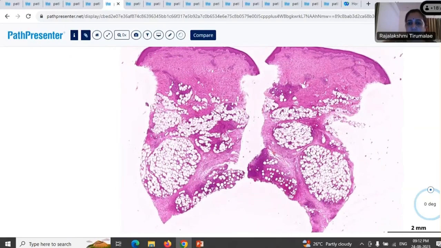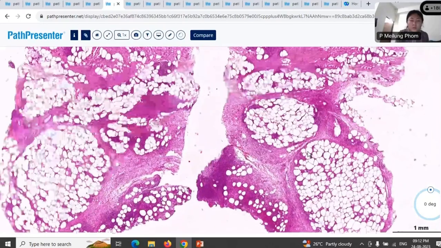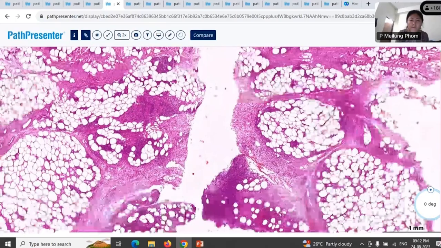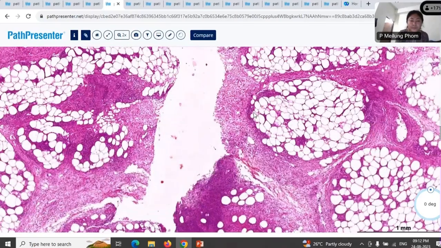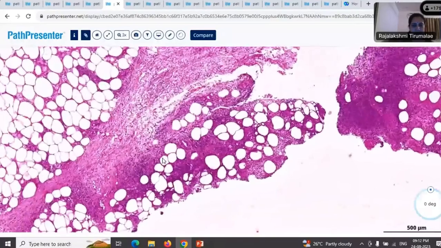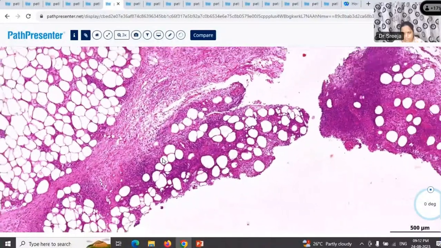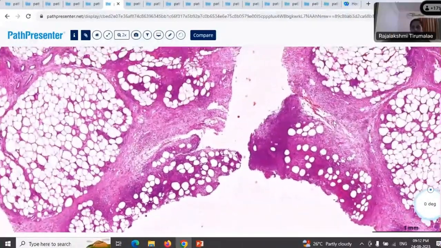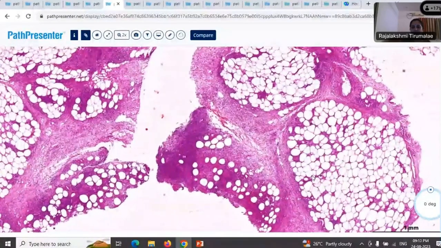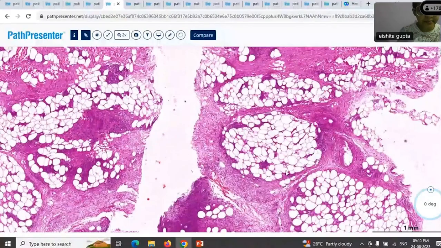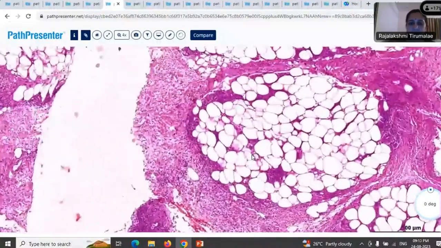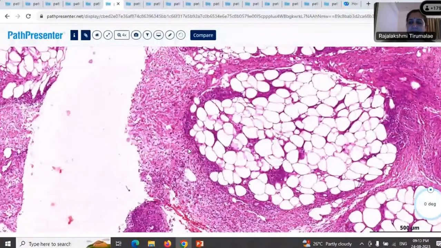So what has happened to the septae? Let's go higher. Are they normally this thick? Thickened, no? So the septae are widened and thickened due to what?